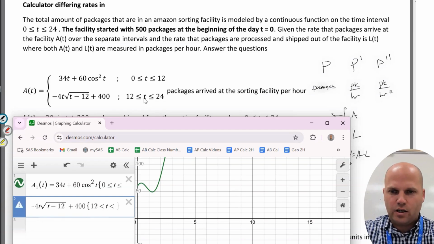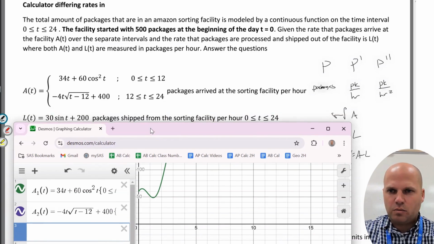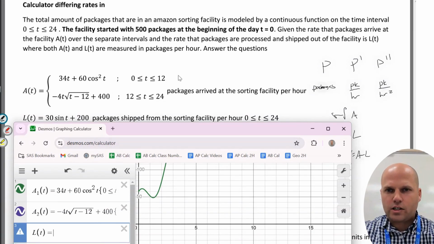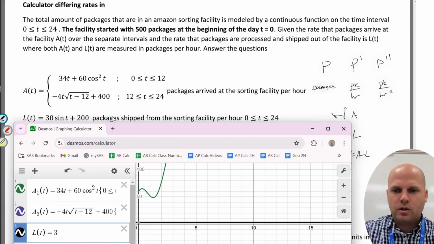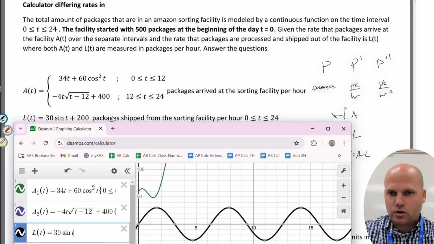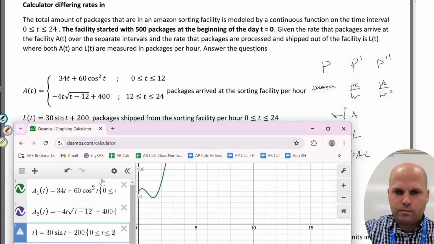So we're talking about a full day here. And then we have packages being processed. Due to trucks, planes, we have these differing packages arriving, but the machines and the humans that are sorting them are fairly consistent in the rate at which they sort. This is going from 0 to 24.